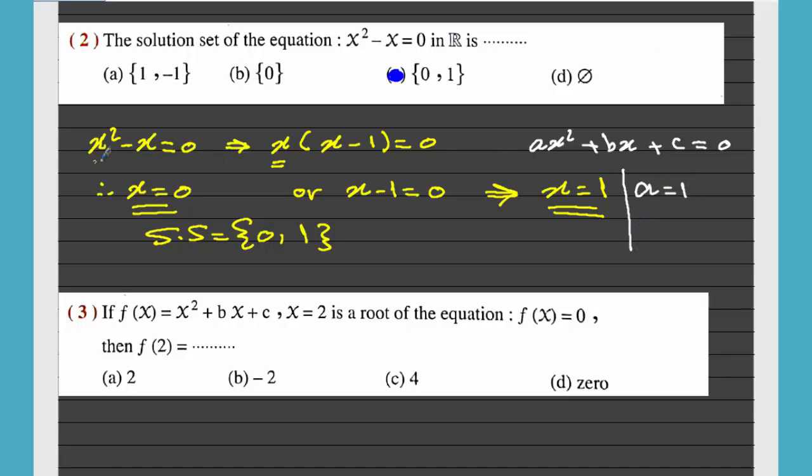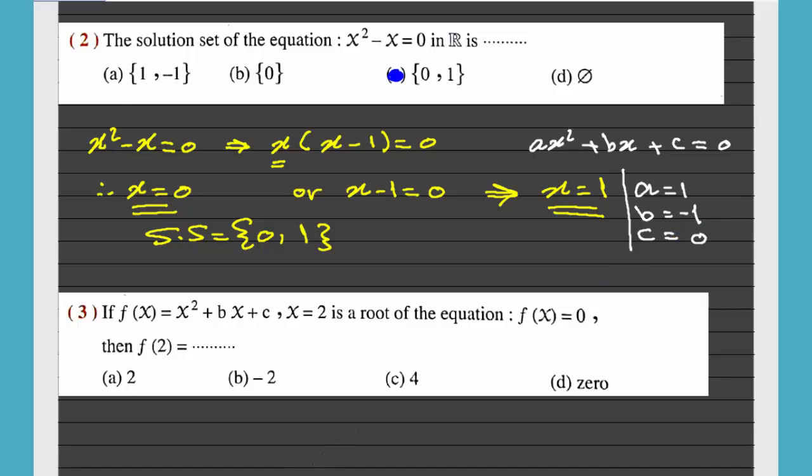What is the coefficient of x squared? Here it is 1, right? So a equals 1. What is the coefficient of x? The number multiplied by x is b, which equals -1. What is the value of c, the absolute term? There is no constant here. So c equals 0.